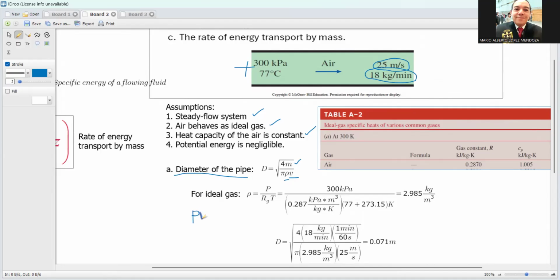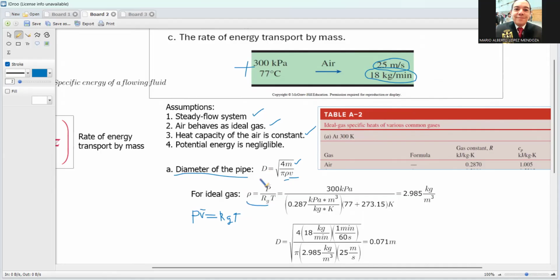Remember, the ideal gas equation states that the product of pressure times the specific volume equals the specific gas constant times the absolute temperature. If we rewrite this equation in terms of the reciprocal of the specific volume, we can get this formula for the density.